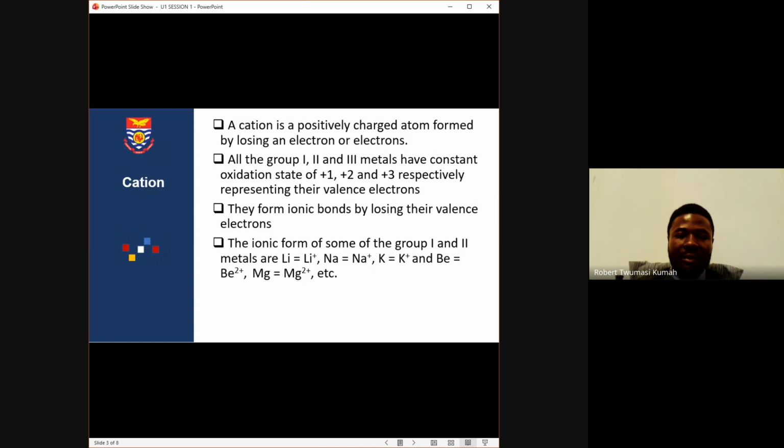So like lithium, sodium, potassium. And those in group 2, we will have beryllium, magnesium. Group 3 will have aluminium and the rest. So these are some examples of cations, and we have said that cations are formed by the loss of electrons. All right.